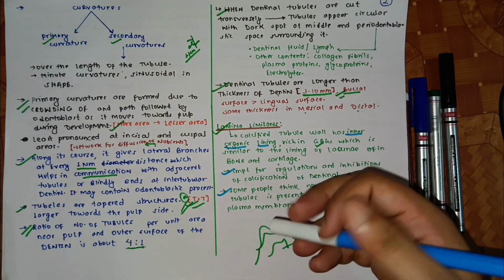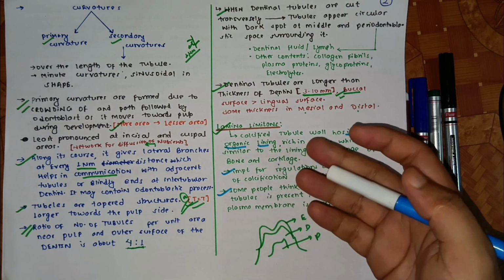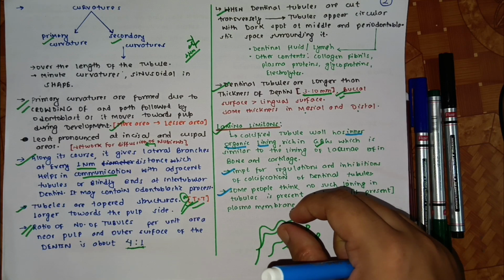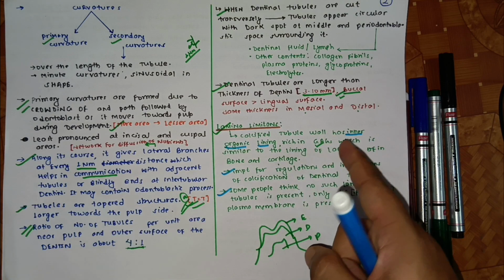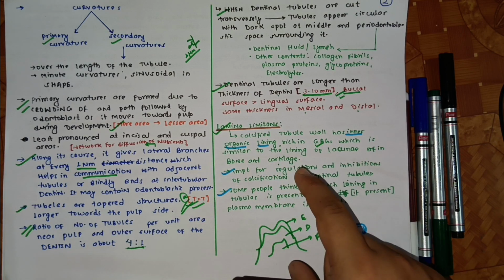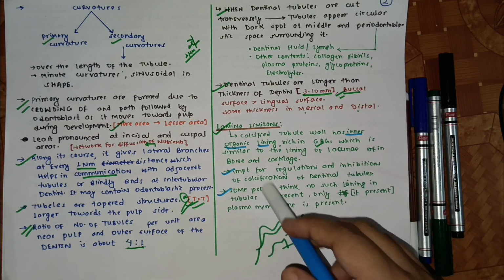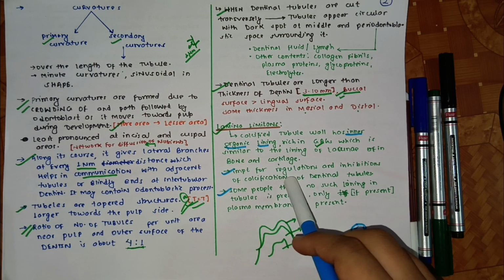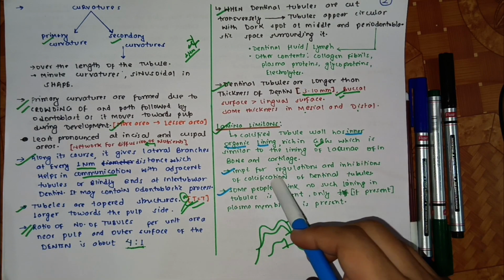With age, the dentinal tubules calcify and sclerotic dentin forms. I will discuss sclerotic dentin later in this video, but for now remember the role of the lamina limandans in regulation and inhibition of calcification.